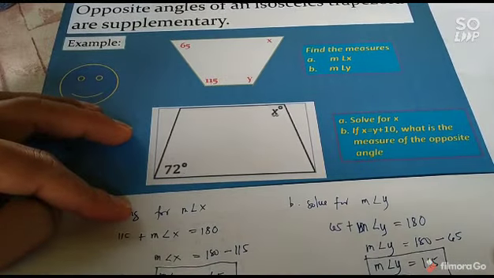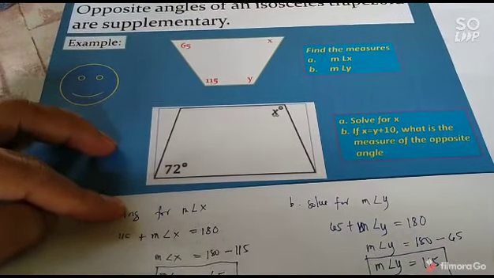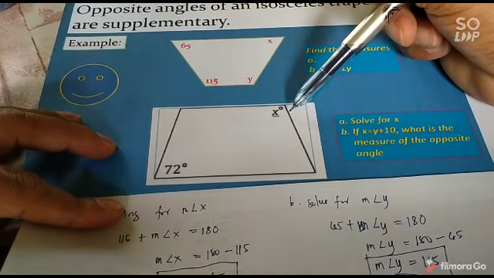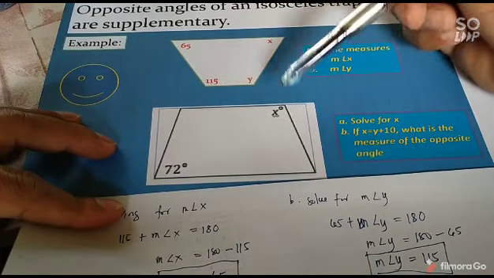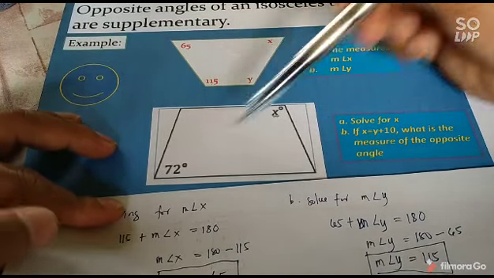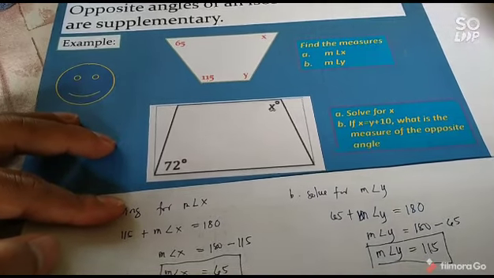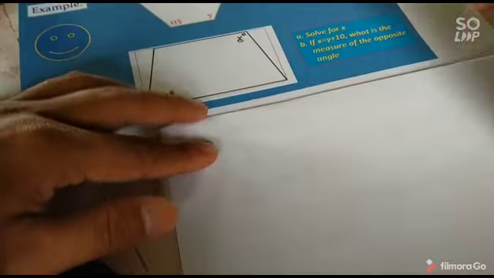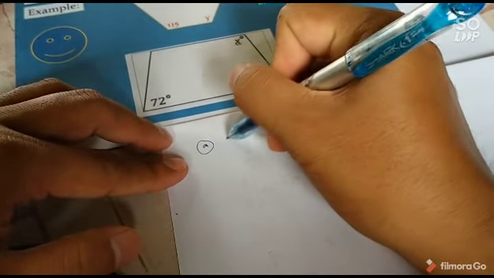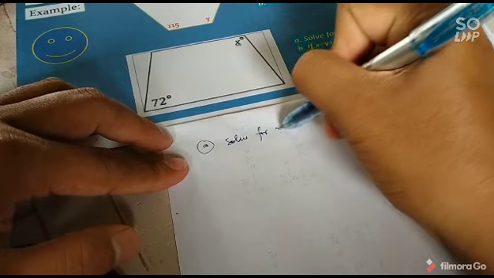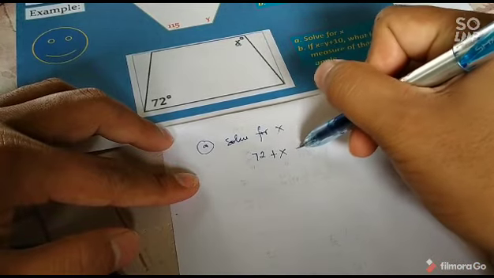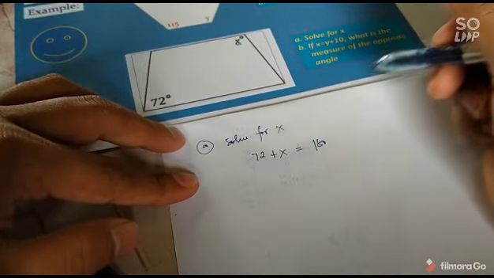Okay, so in this figure we still assume that this is an isosceles trapezoid with one of the angle measures being x degrees and another 72 degrees. So they are opposite angles. We are asked to solve for x. Alright, so opposite angles, you can make 72 plus x is equal to 180 degrees.